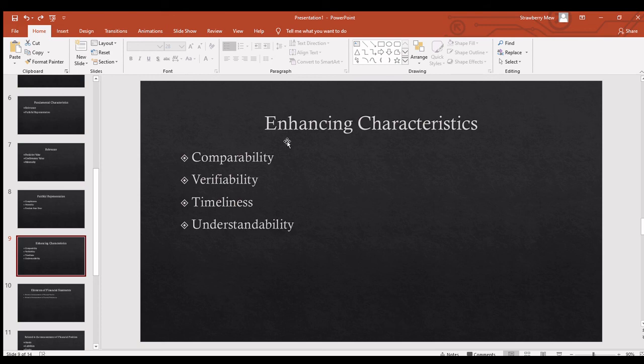Comparability also covers yung other businesses, right? So an information should be comparable not only for previous periods but also to different businesses.